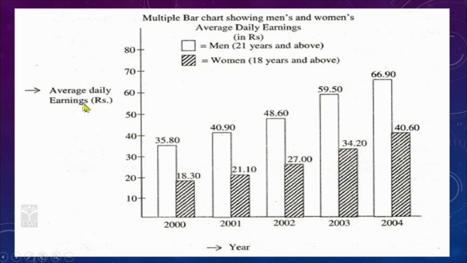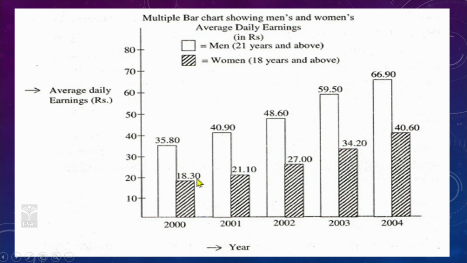Average daily earnings are given, and the year, in which year? In the year 2000, the average earning of men is 35 rupees 80 paisa. For women, it is 18 rupees 30 paisa in 2000. In 2001, it increased to 40 rupees 90 paisa for men and 21 rupees 10 paisa for women.